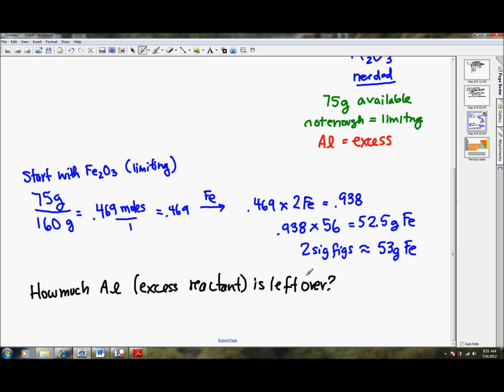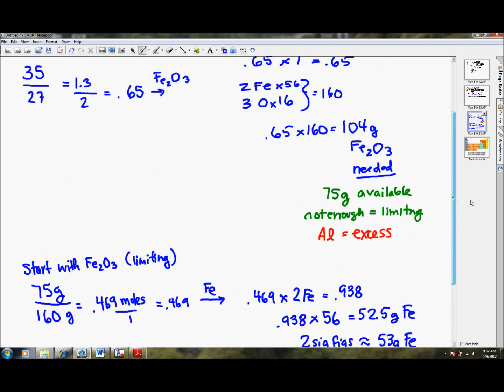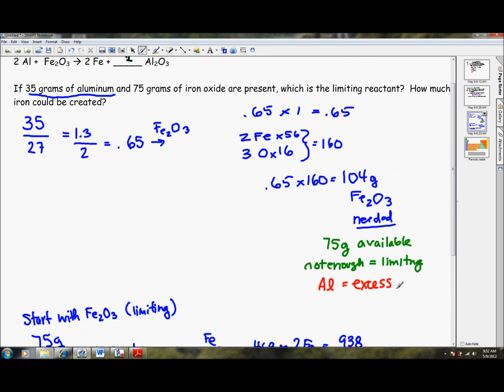Okay, so this is another D2U-M2 problem. I'm going to start with the limiting reactant again. And now I'm going to work something that's the exact opposite of what I did here.